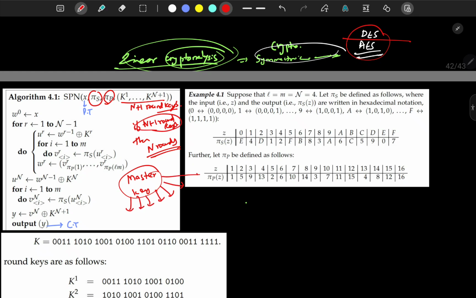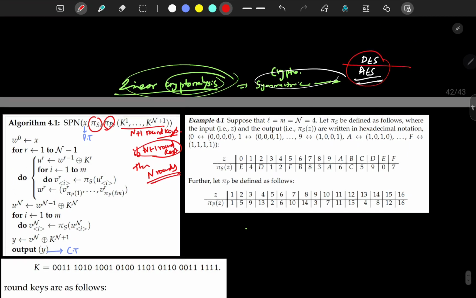Those are called round keys, and the key from which they are formed is called the master key, K. That is how the n plus 1 round keys are produced. That is what I explained here.